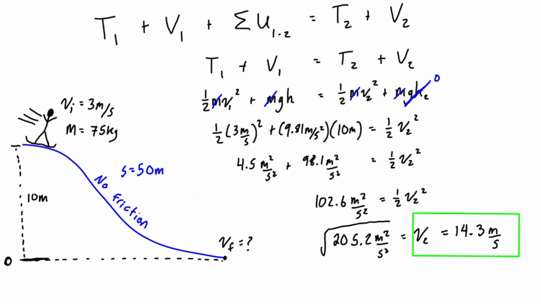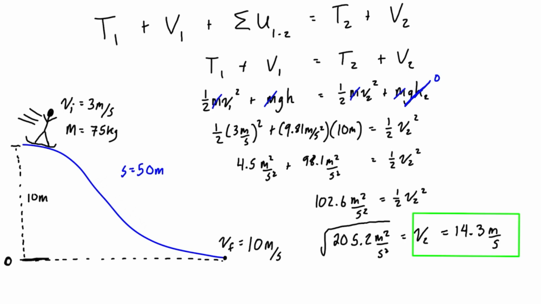Now let's change up this problem a little bit and say that instead of having no friction, there is some friction. And let's say that we're given the final velocity. So instead of the case where there's no friction on this surface and the snowboarder ends up doing 14.3 meters per second by the bottom, let's say that we've calculated their bottom speed to be 10 meters per second.